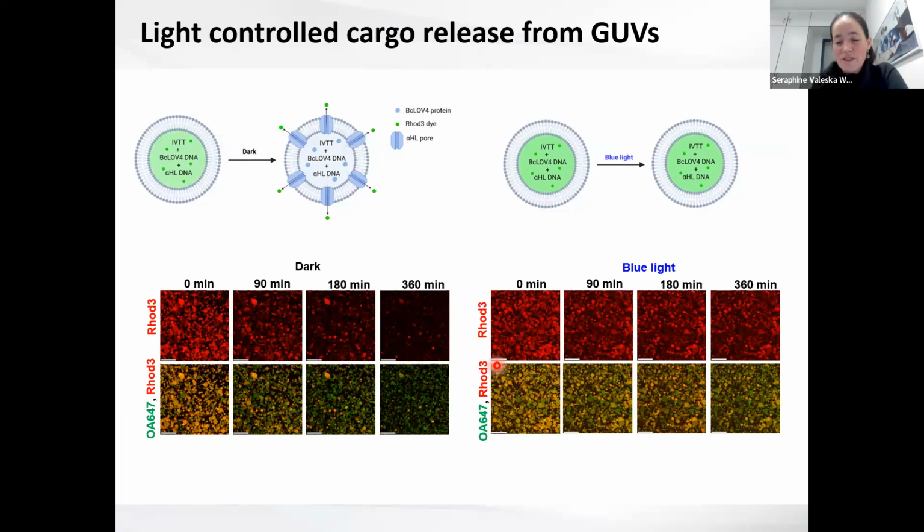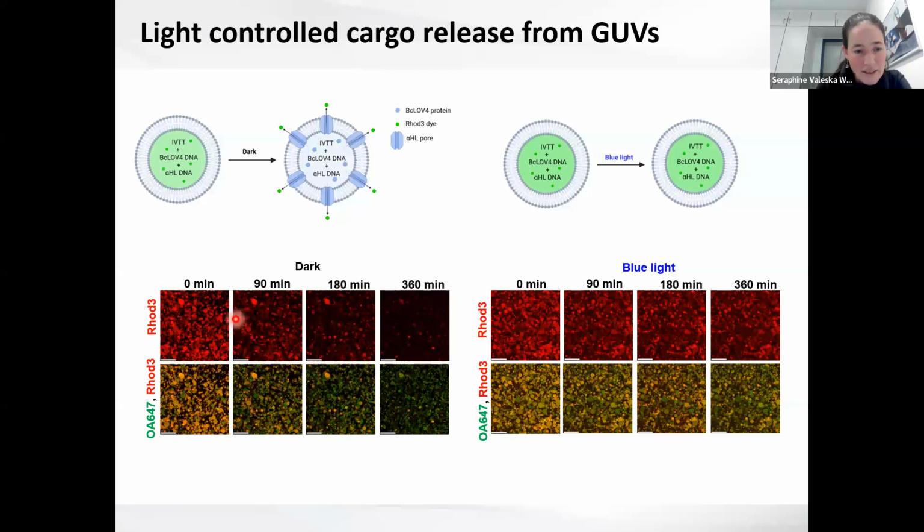We can also use this to control the synthesis of a functional protein, such as alpha-hemolysin. Alpha-hemolysin, as many of you probably know, is a pore-forming protein. And so you can control the release of small molecules from the liposomes using the expression of alpha-hemolysin.